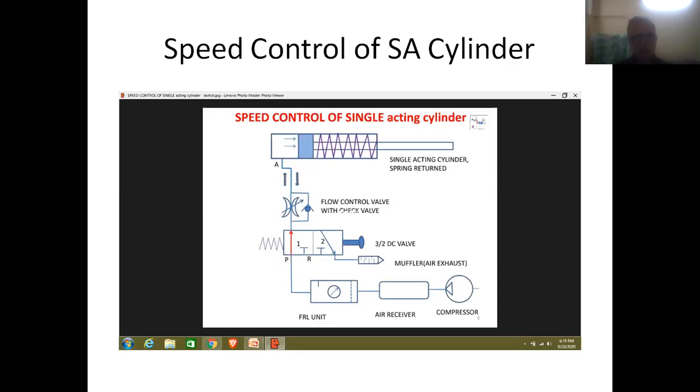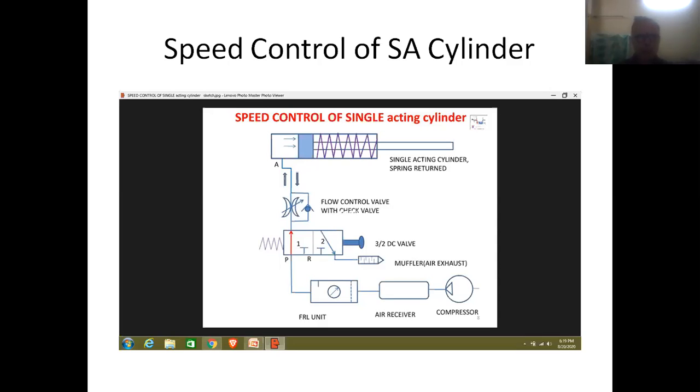In this particular arrangement, the throttle valve is used for sending fluid during the forward stroke of the piston, and the check valve is used for receiving the fluid during the return stroke of the piston. So friends, this is about the arrangement and purpose of throttle valves and check valves.